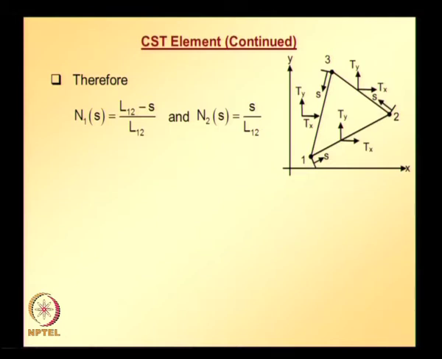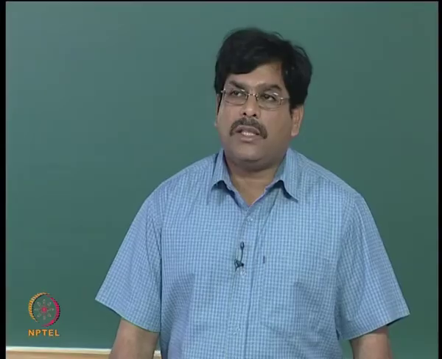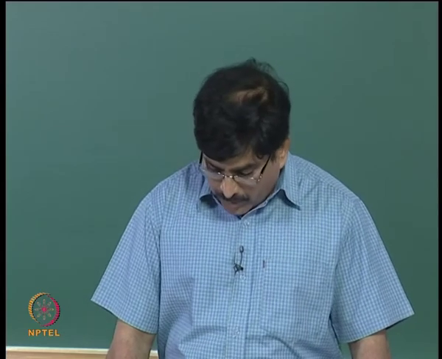And here L12 is nothing but the length of side 1 2, the length of the line segment joining nodes 1 and 2, and again the shape function of node 3 along this side is 0.